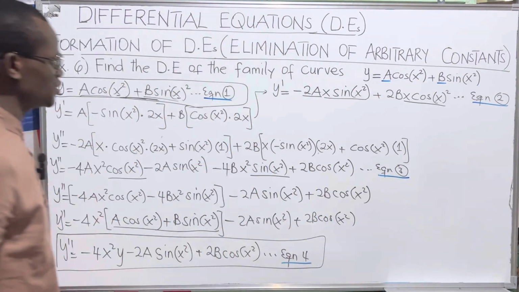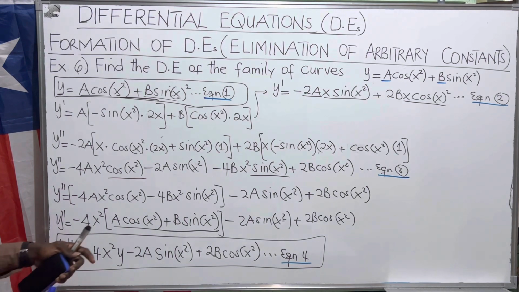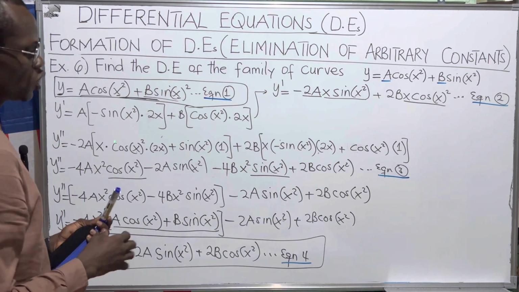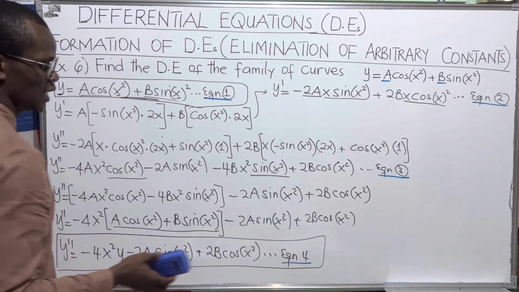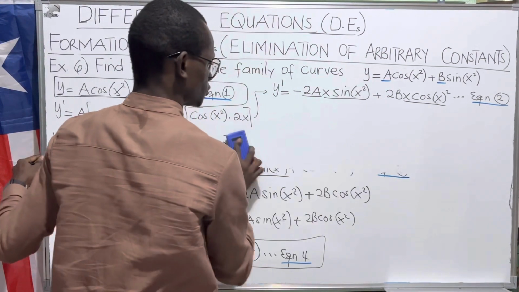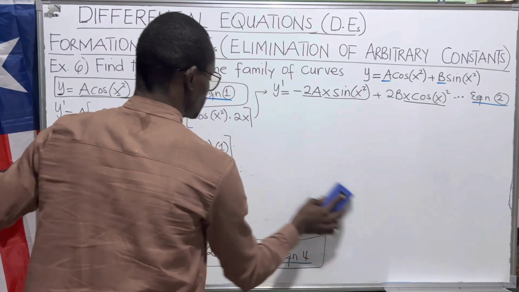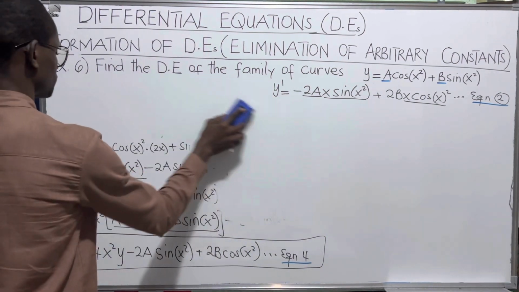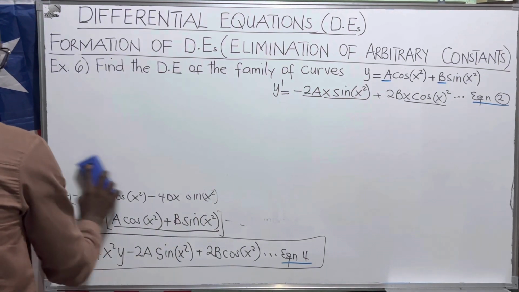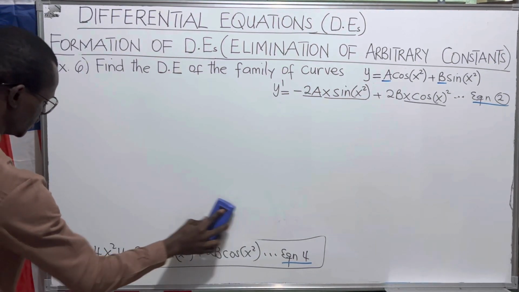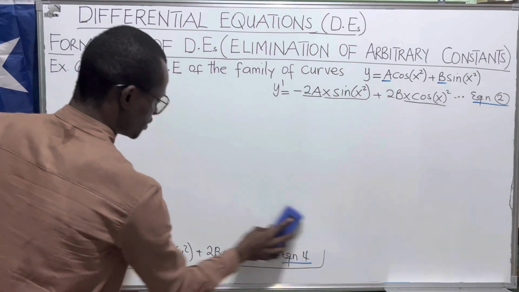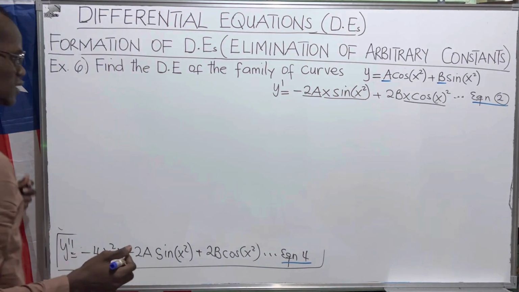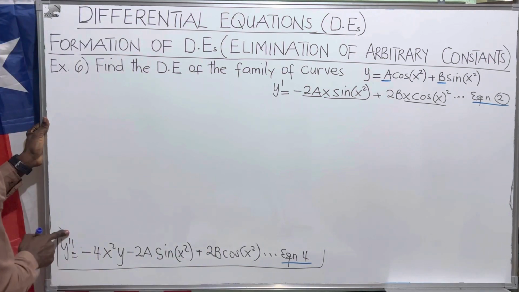So now the next thing we need to do is use equation 2 and equation 4 to solve a system of equations simultaneously. We can use the simultaneous equation method to solve for the constants in these two equations.